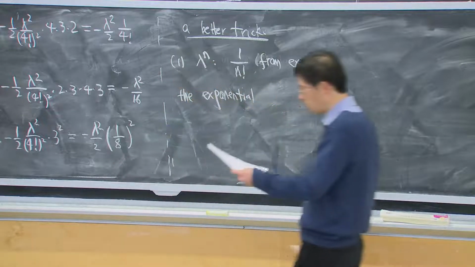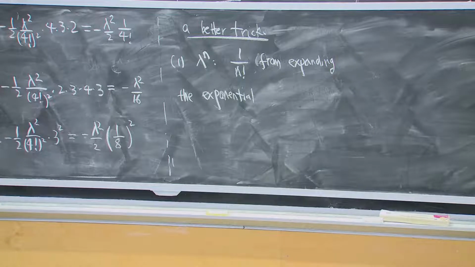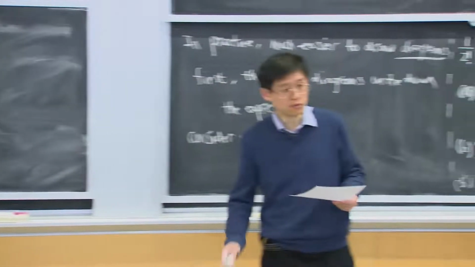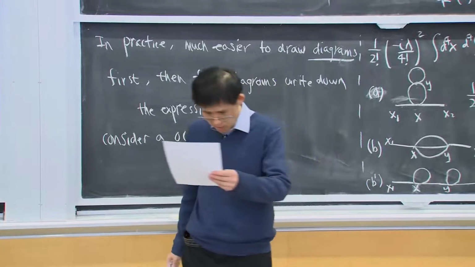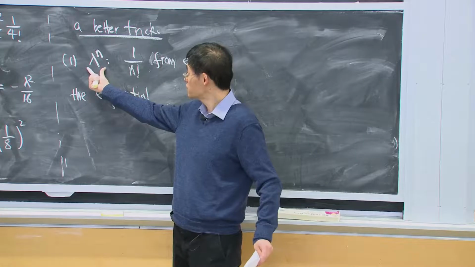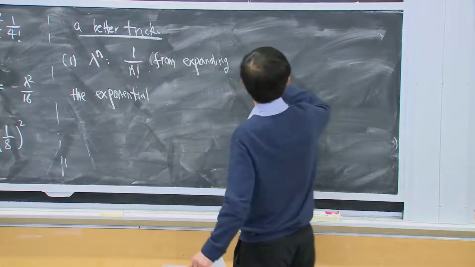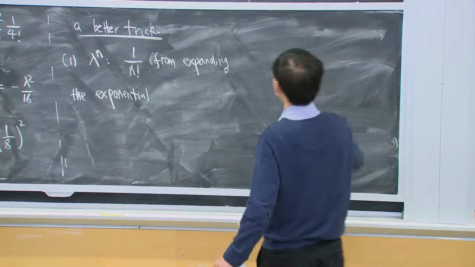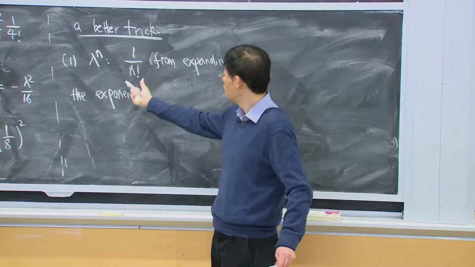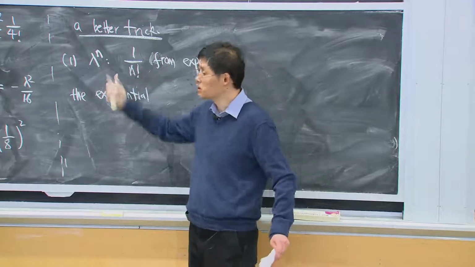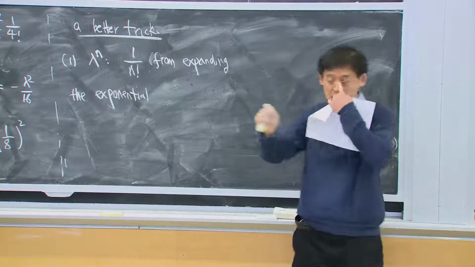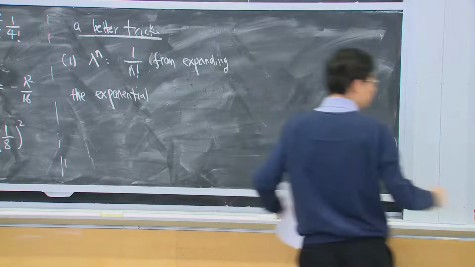So at the nth order, you have n factorial from the exponential, but you also have n vertices, because each power of lambda comes with a factor of these vertices.